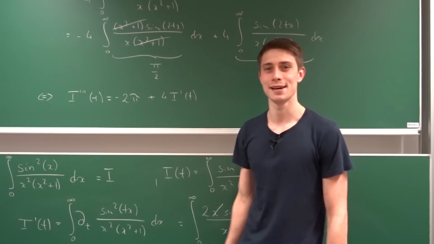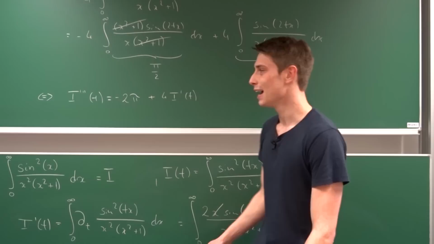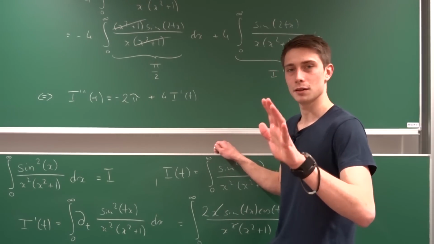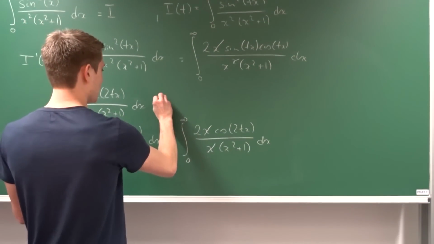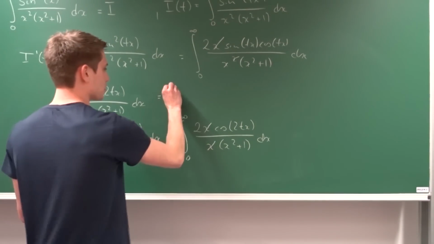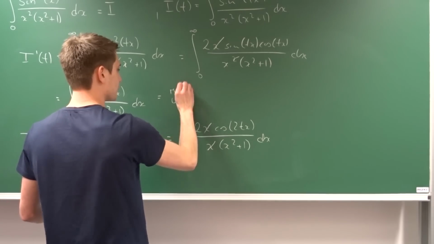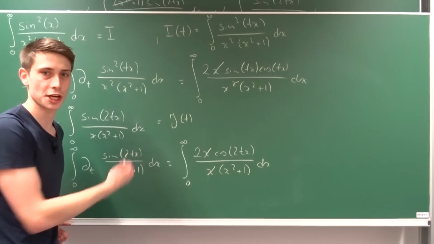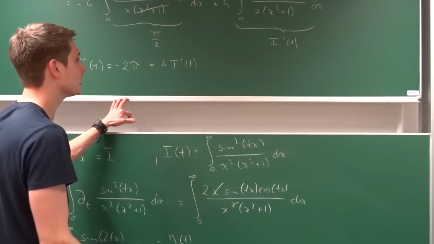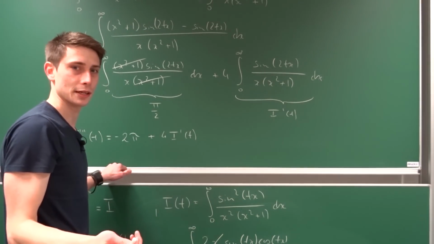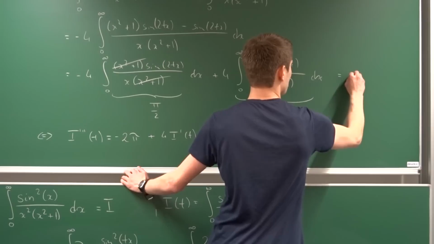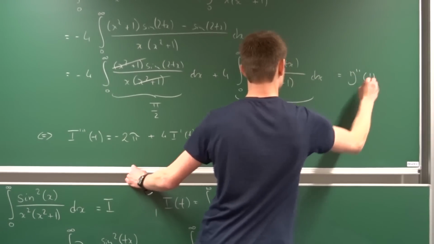I'll tell you what it is. That's a differential equation. And we can give those integrals a slightly new name. For example, this right here, I prime in terms of t, is just j in terms of t. Okay, so j for Jens, the mathematical mean guy. And that would mean that I triple prime of t is nothing else than j double prime of t.